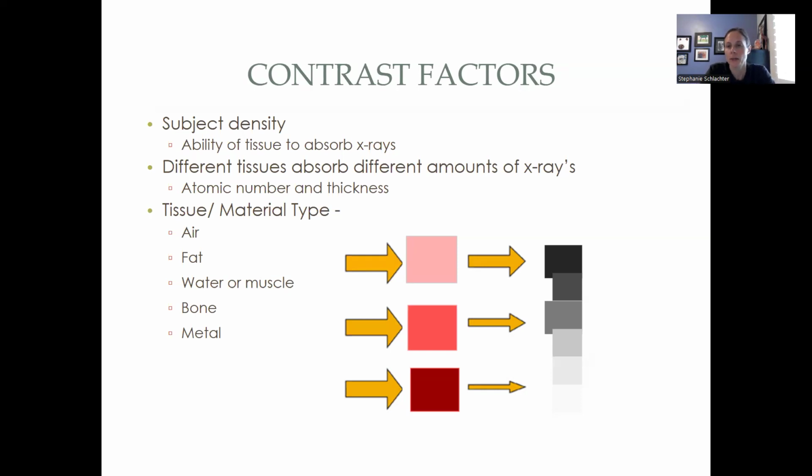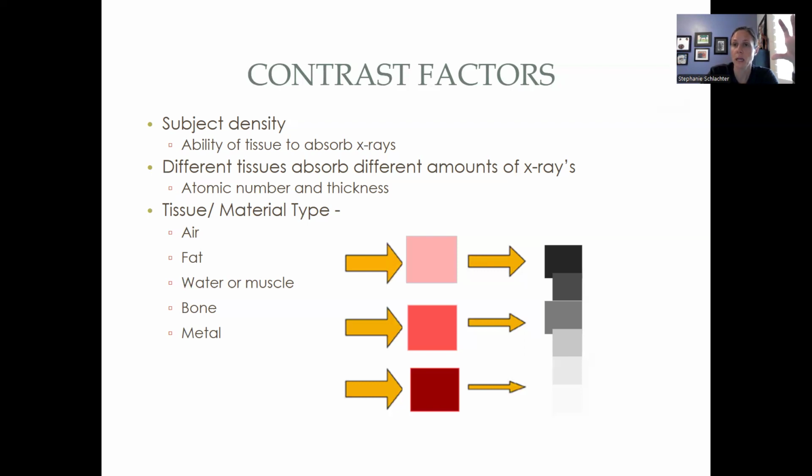So this picture, we're looking at these arrows. The big fat arrows on the left-hand side are all the same number of X-rays. Okay, those are coming from our X-ray tube. They're all equal. The pink, the kind of salmony color, and then more of that red color, is what we're considering the density or the thickness of the tissues.